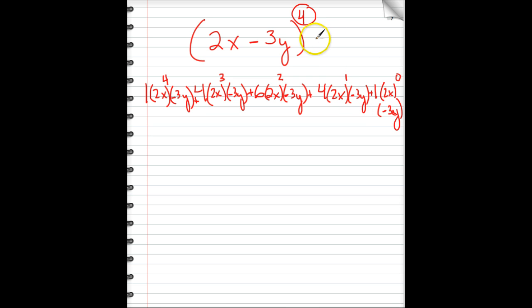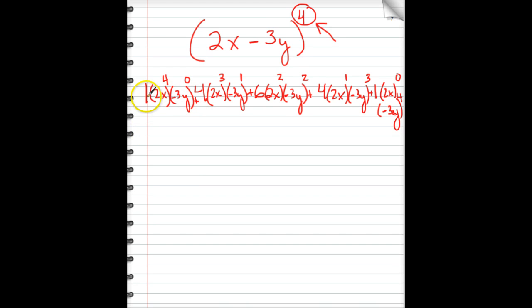Since every piece here has to add up to the degree of 4, if we use 4 here, we're forced to use 0 here. If we have 3, this has to be 1. Get it? Because they have to add up to 4. The powers of the second term ascend. So it starts with 0, and then 1, and then 2, and then 3, and then the full boat of 4. Okay?